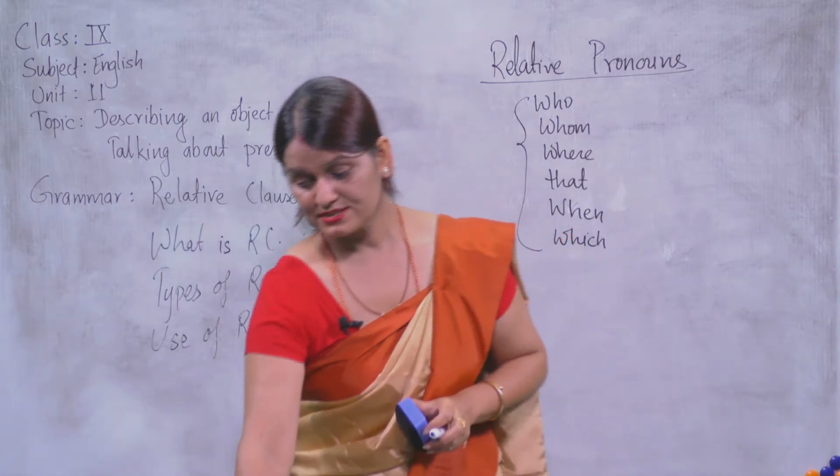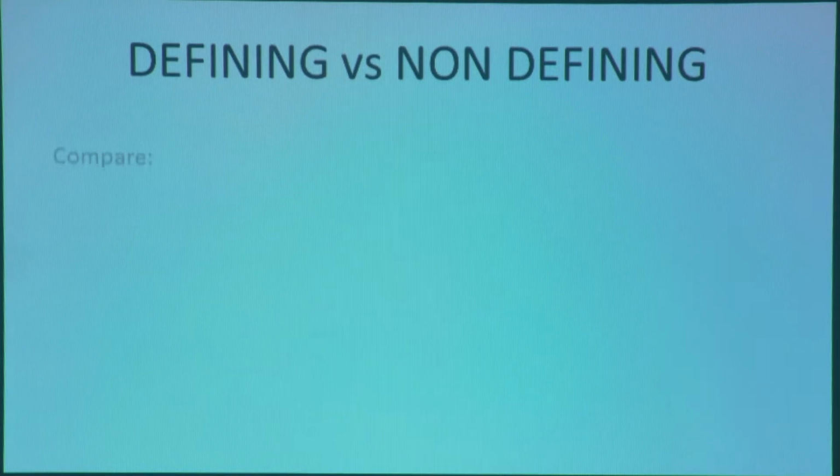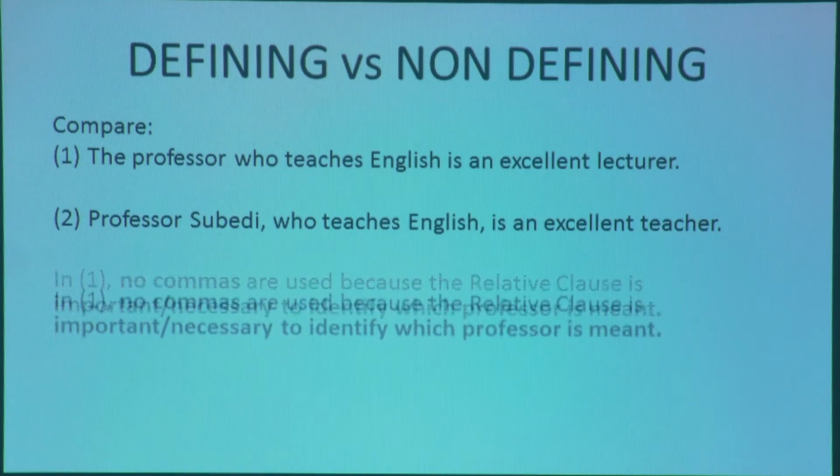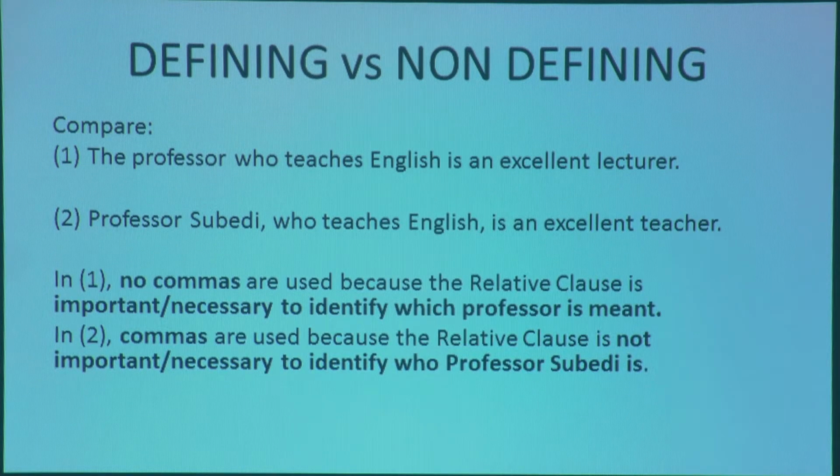Here we are comparing defining and non-defining relative clauses. The professor who teaches English is an excellent lecturer. Second sentence: Professor Subedi, who teaches English, is an excellent teacher. In the first sentence there is no comma.